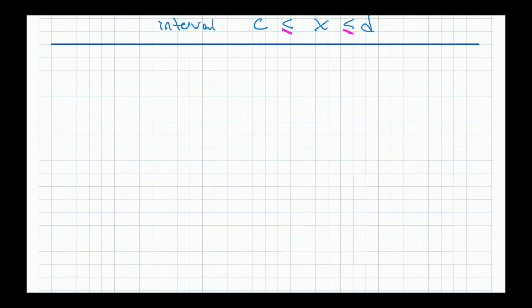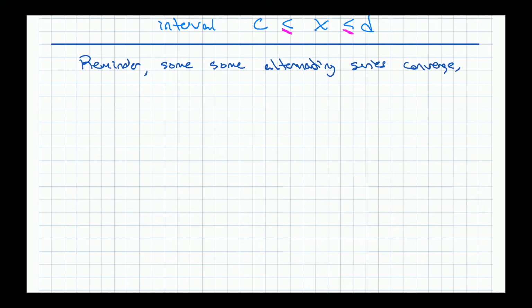Just a reminder: some alternating series converge, but if the terms were positive, then the series would diverge.